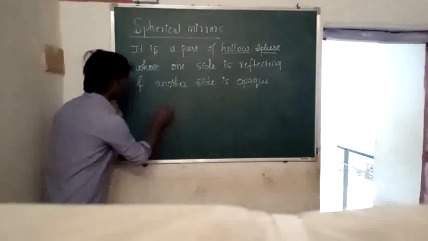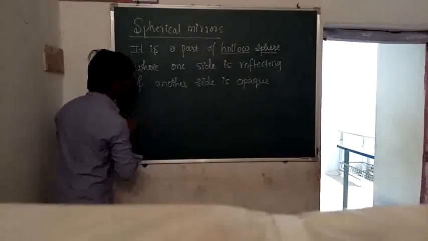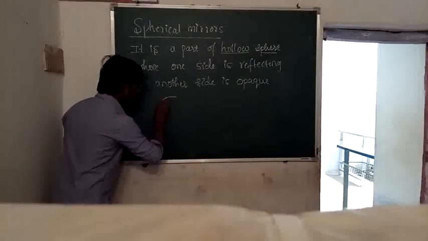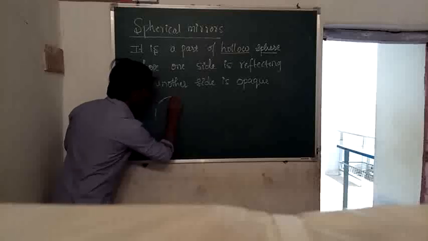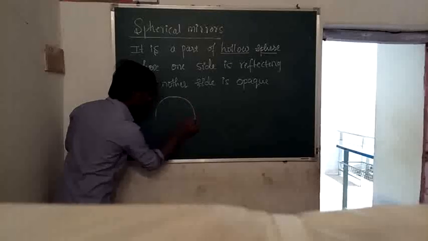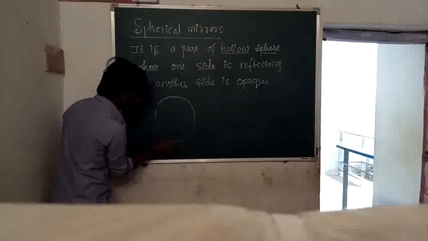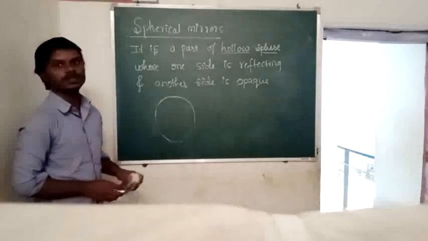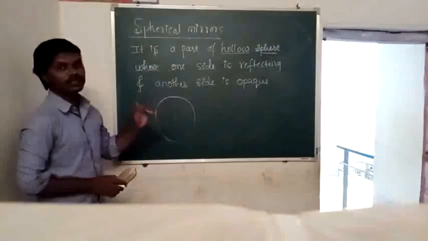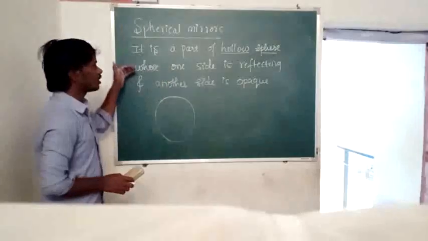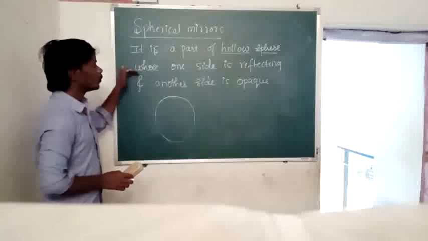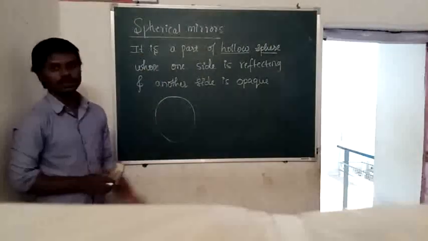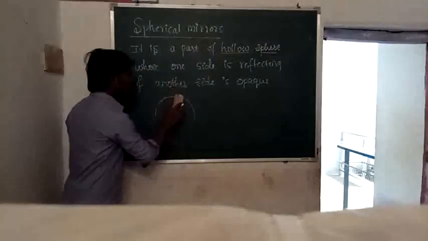Now let us consider a sphere. This is a sphere. I will take a part of this sphere. It is a small portion of the hollow sphere whose one side is reflecting and another side is opaque.